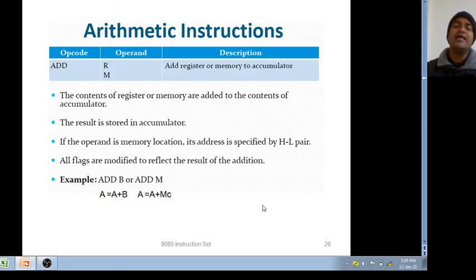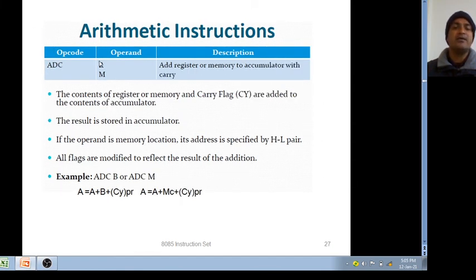When you are adding the two lower-order bytes, if a carry is generated, then you need such a type of instruction which adds two numbers along with the previous carry. For this we have the instruction ADC R. What will it do?